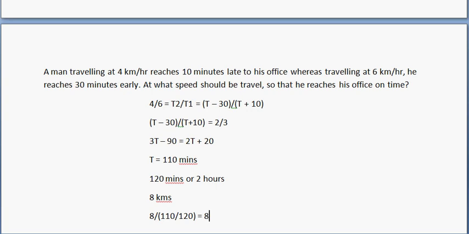So it becomes 8 into 120 divided by 110, which is equal to 96 by 11, right?